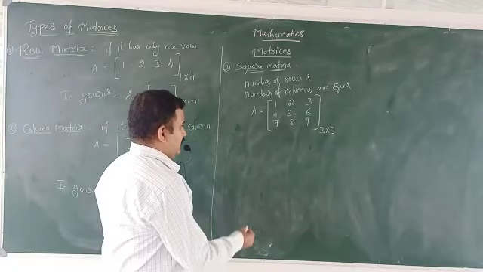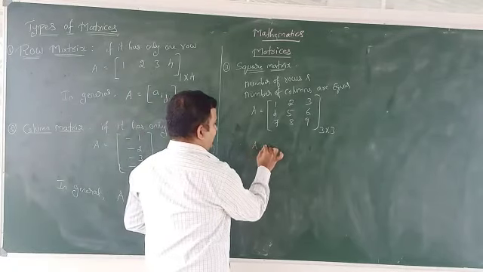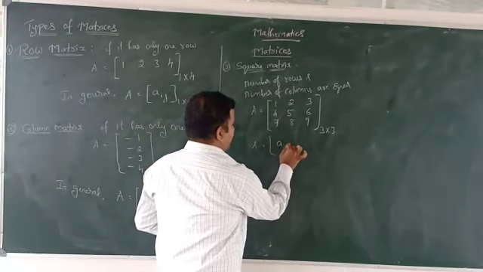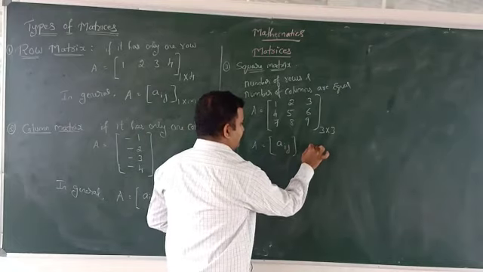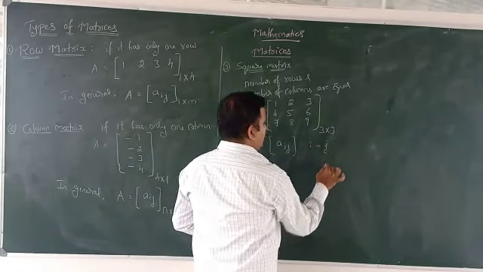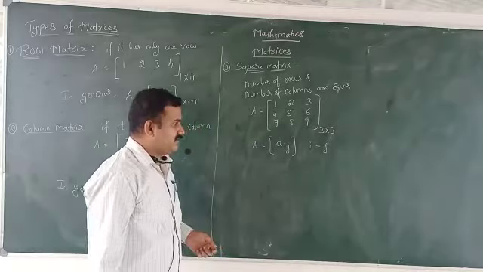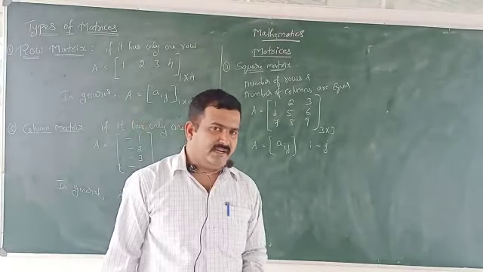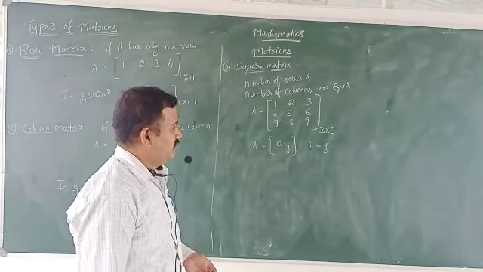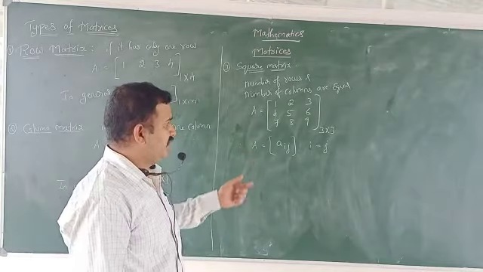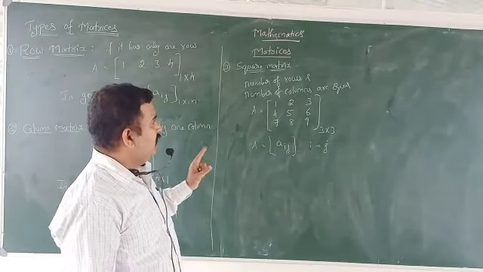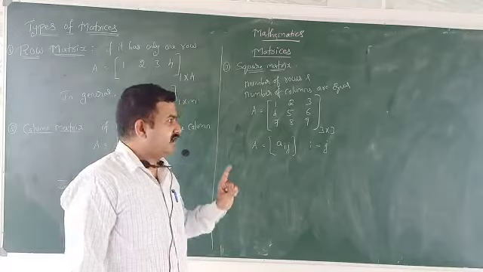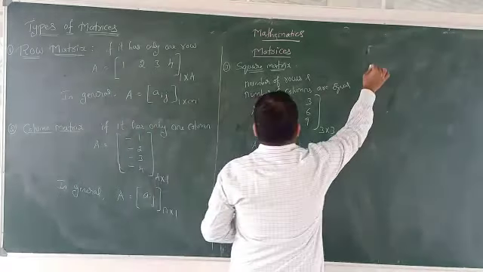In general we have A equals Aij, where i and j are equal, so the number of rows and columns should be equal.